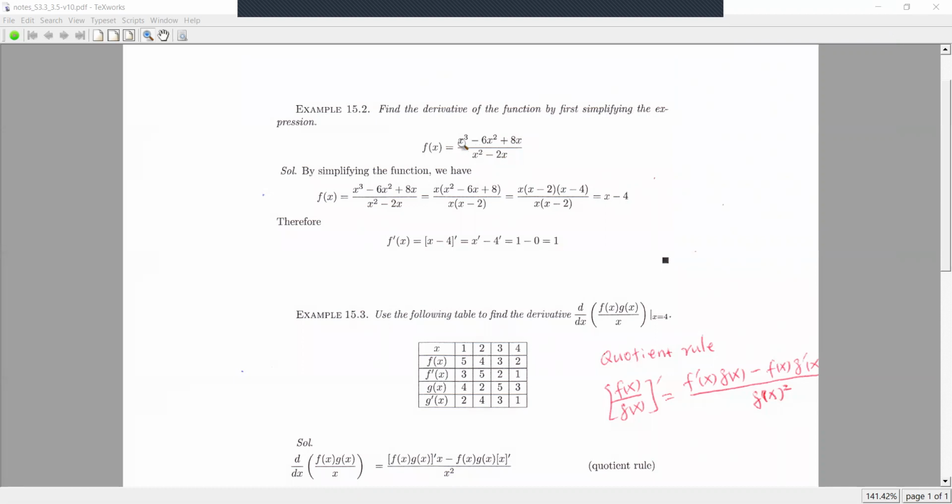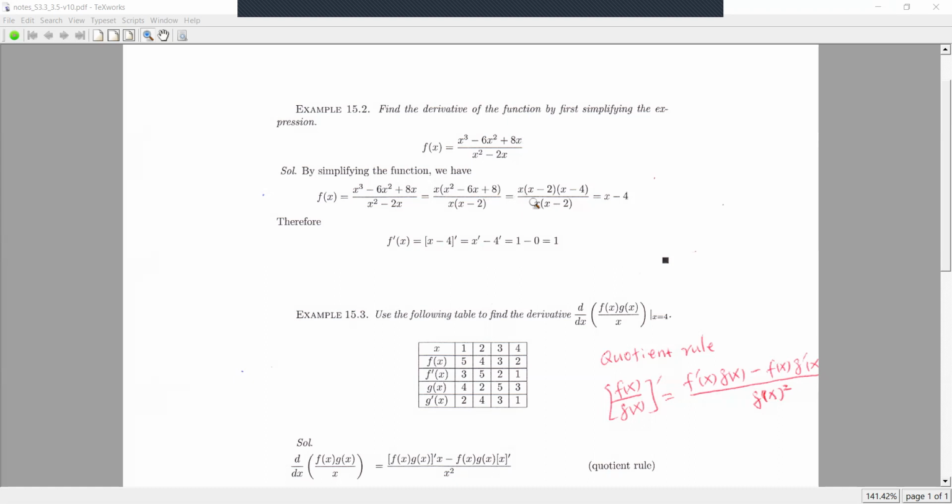Factor x out from the numerator and from the denominator. Then we have this equation. Factor the polynomial x squared minus 6x plus 8. Then we have this equation.